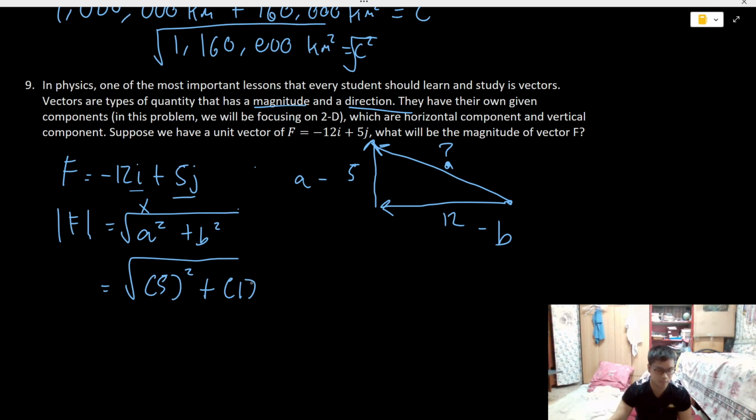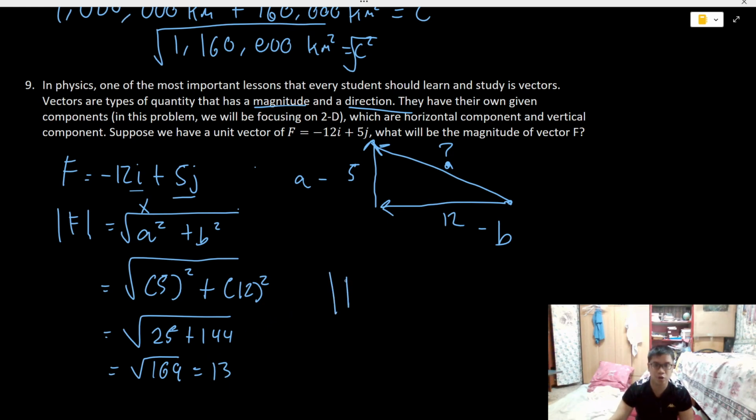So here, you will have 25 plus 144. Sorry, let's take it slow, I'm being too hasty. So the square of 5 is 25, and the square of 12 is 144. So this is 169, which is exactly 13 when square-rooted. Therefore, the magnitude of your vector f is 13. That's the answer.